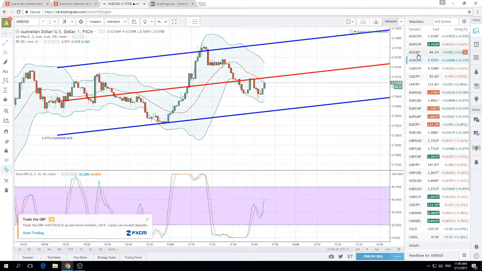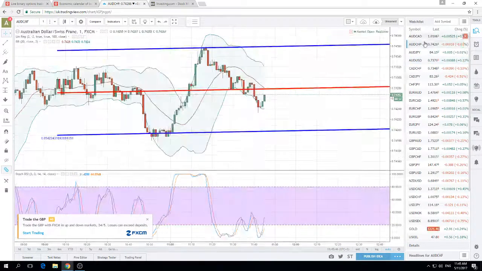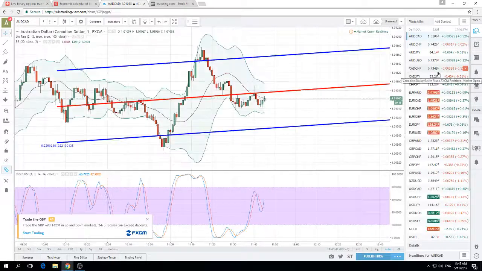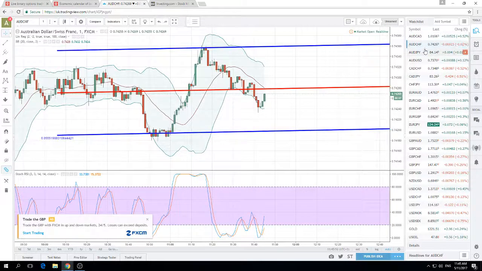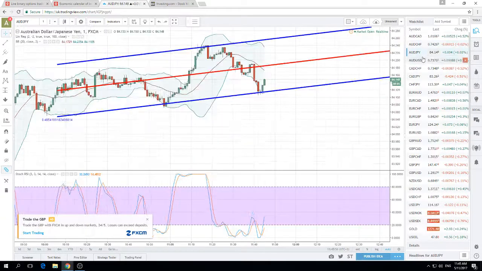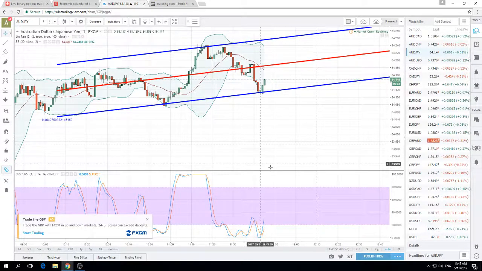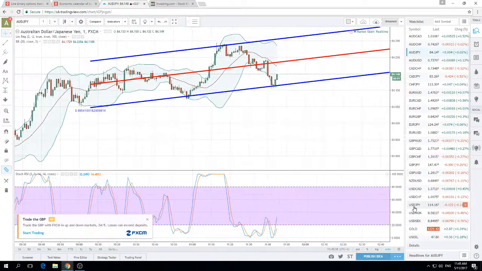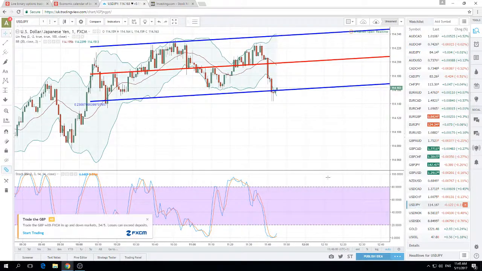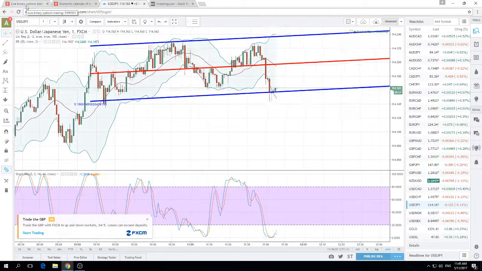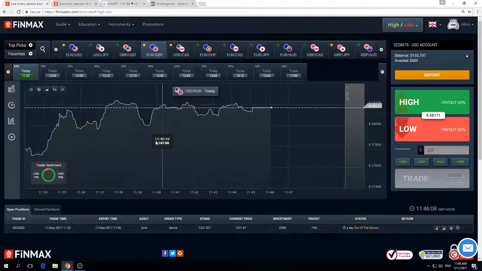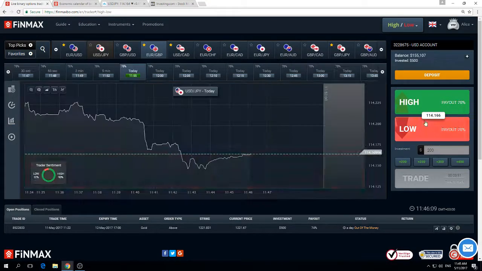Australian dollars within short limits has an option for growth, but still to the Japanese asset. Okay, American to Japanese within the 1 minute time frame, I would open for high.